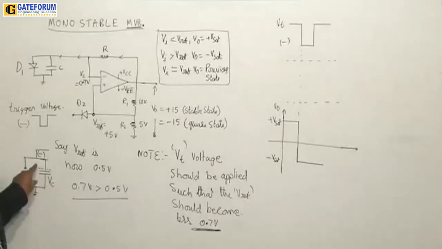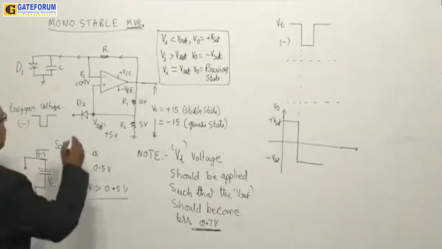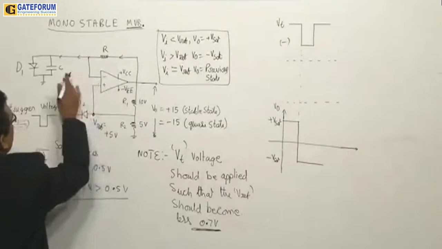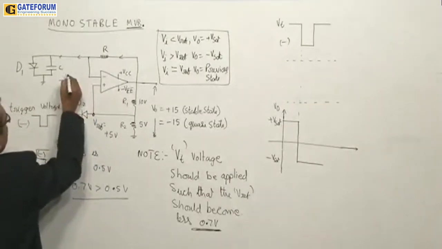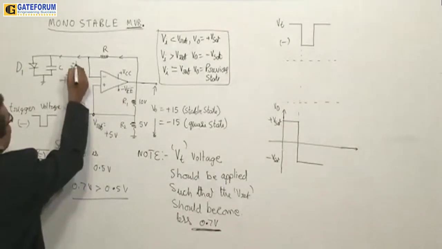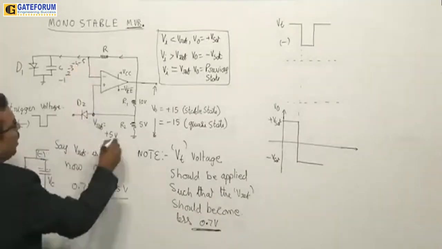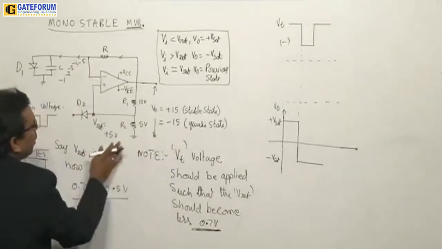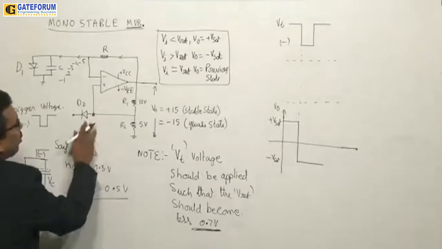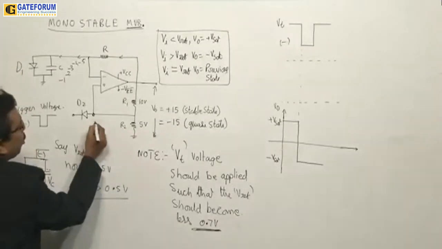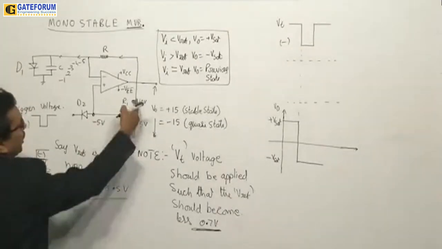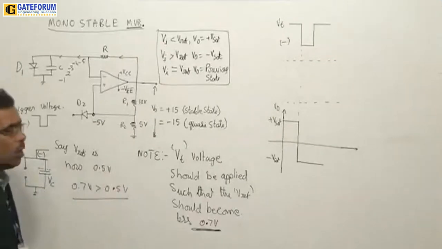Now this is the voltage across the capacitor. It will start changing like this: minus 1, minus 2, minus 3, minus 4, minus 5. As the output is at minus 15, the voltage at this node will be shifted to minus 5 volts, because this has changed.